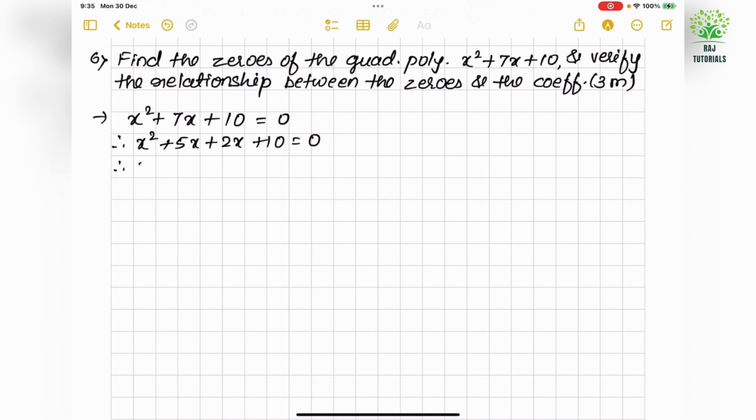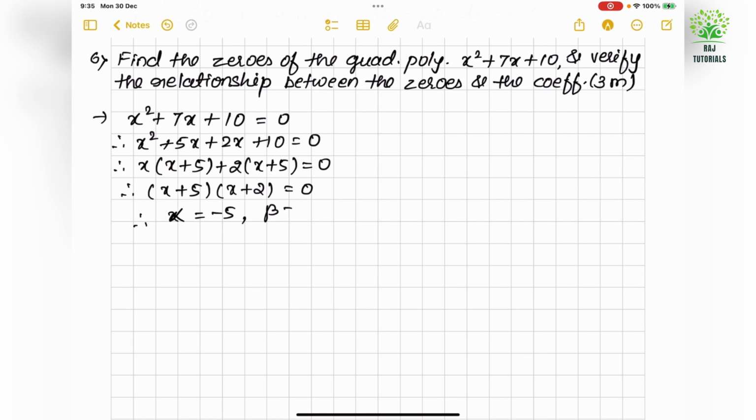From the first two, I am taking x common, so x plus 5, and from the next two, I am taking 2 common, so x plus 5 equal to 0. So I got two factors, x plus 5 and x plus 2 equal to 0. Therefore alpha will be minus 5 and beta will be minus 2.